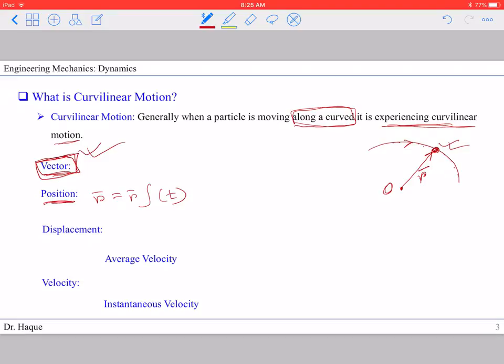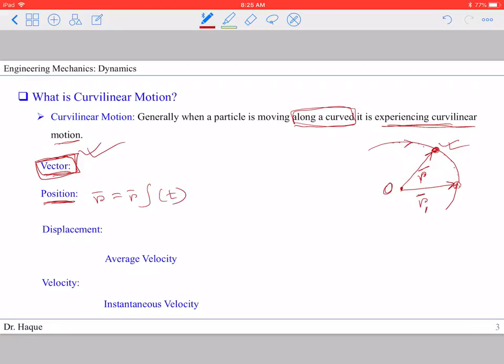So how about displacement? Let us assume that the particle path is like that, and then after a small amount of time, the new position of the particle here is R1.